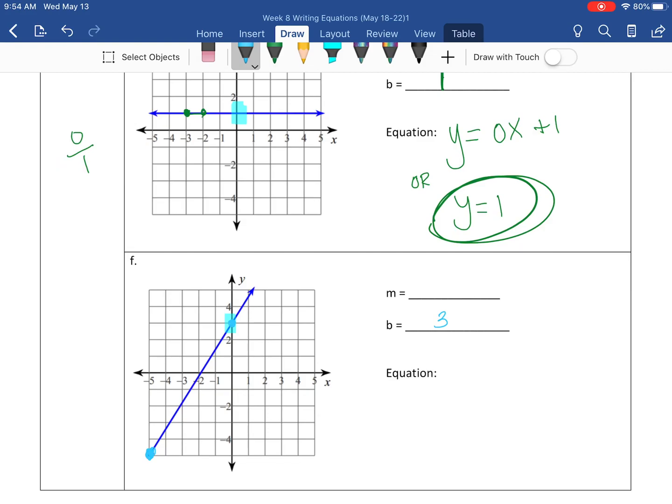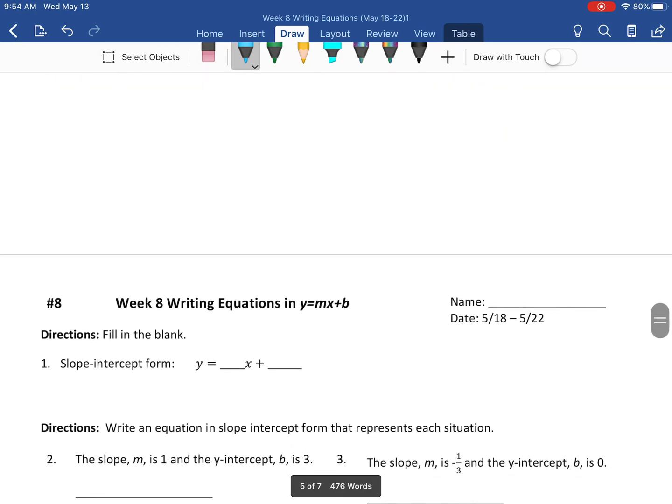So we're going to go up 1, 2, 3, 4, 5, 6, 7, 8. Up 8 over 1, 2, 3, 4, 5. Up 8 over 5. So 8 over 5 would be our slope, which leaves us with the equation y equals 8 over 5 times x plus 3. And that is how you write equations from a graph.